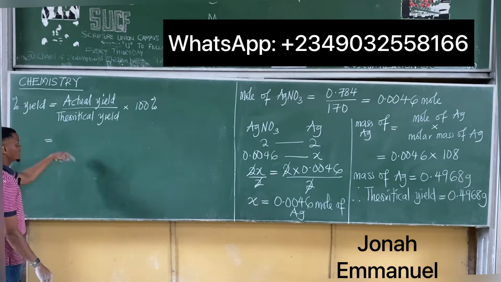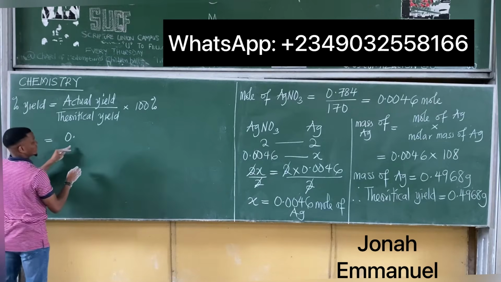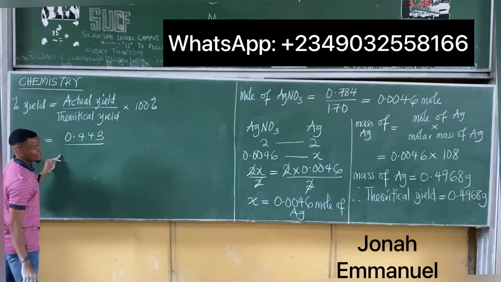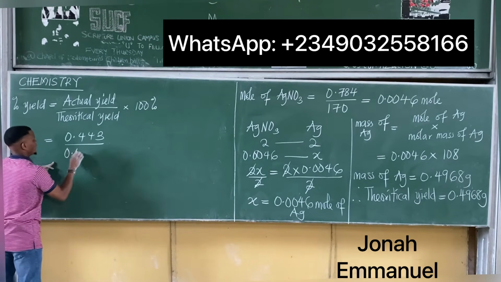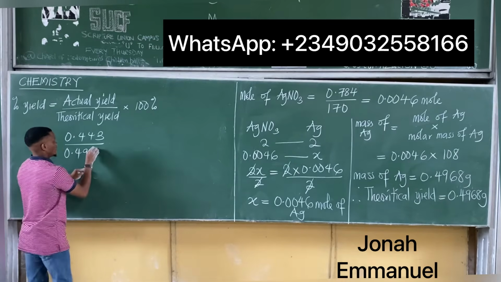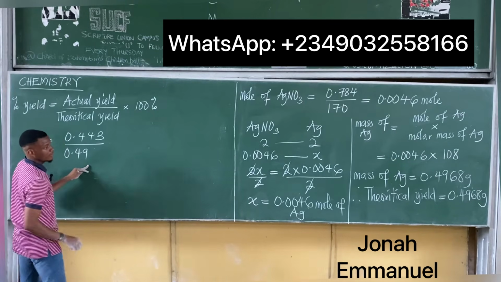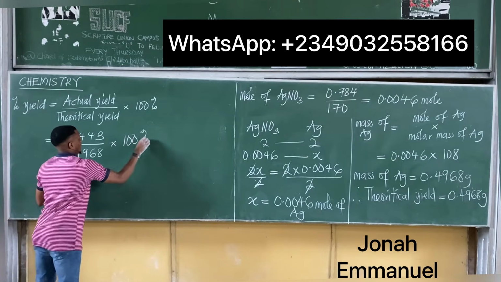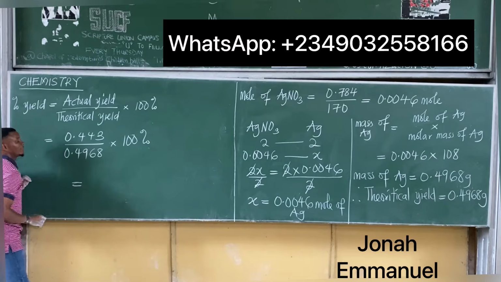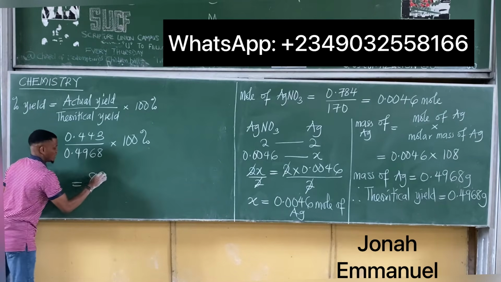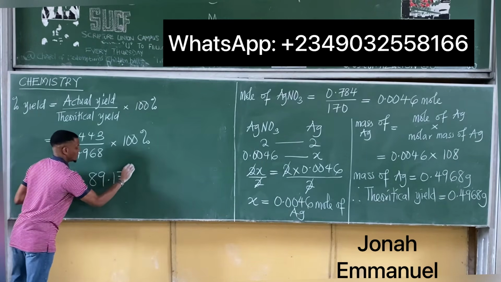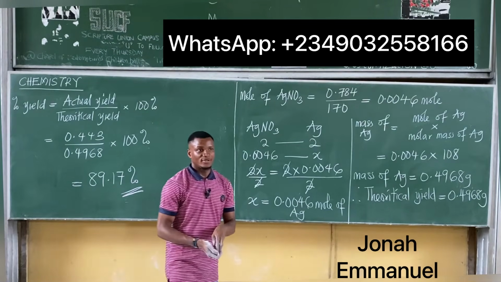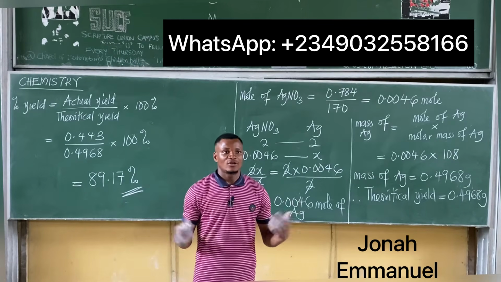Please check again, I've cleaned it. 0.443 all over theoretical, 0.4968, times 100%. Please punch this. What do you have? 89.17%. So it is this simple, please. All right, so this is how you solve this question.